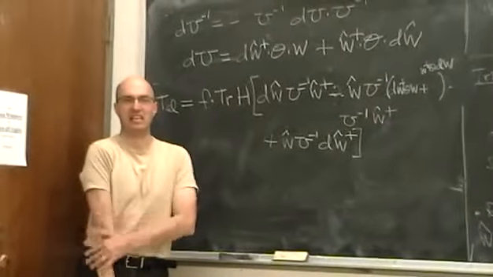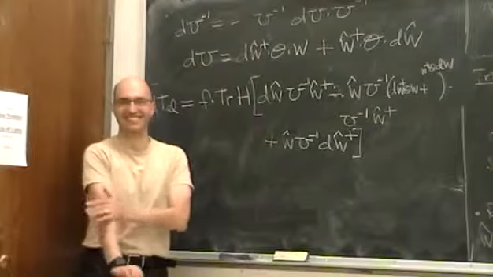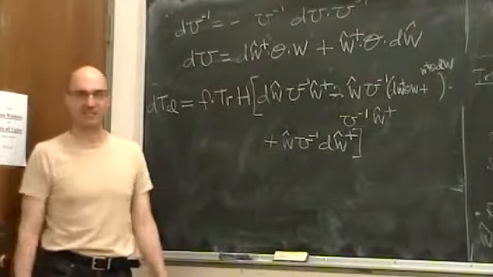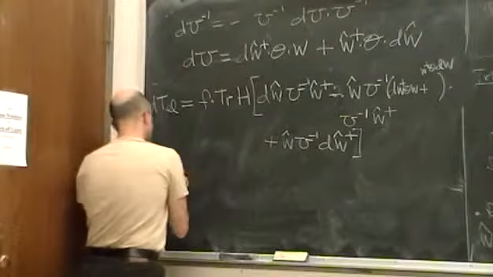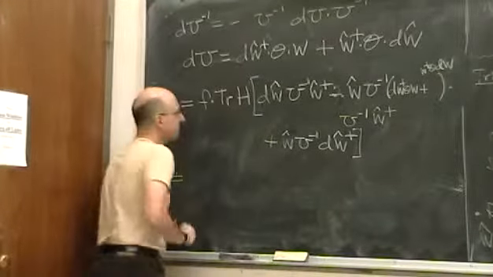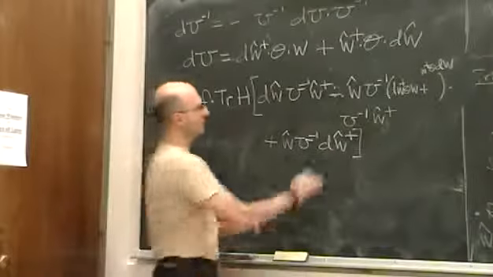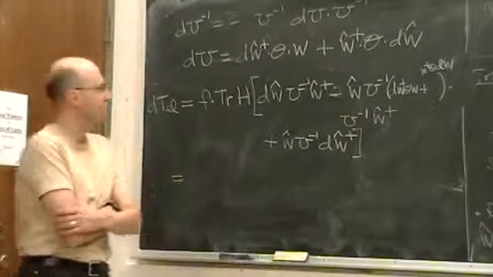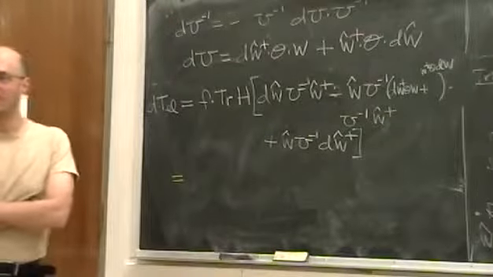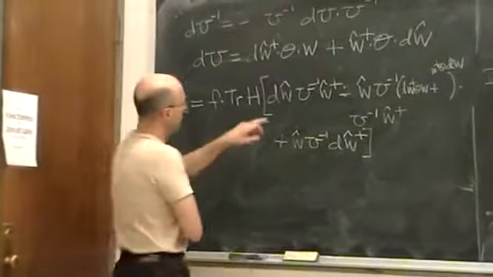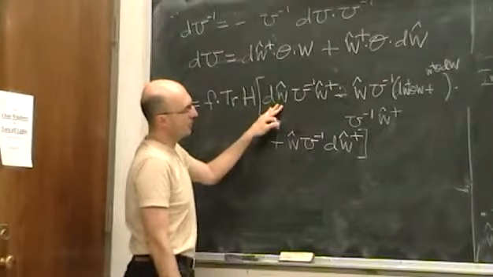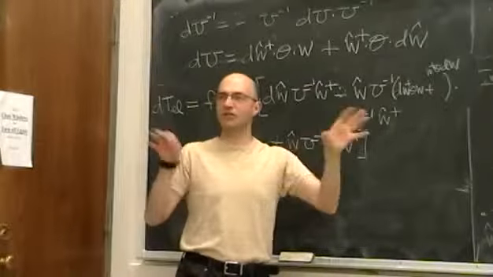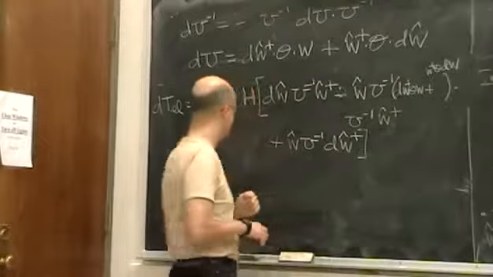This is where now we get creative and massage this into some format we like. Well, you'll notice, and it's funny, these kind of formal simplifications are always a matter of art, right? You'll notice there are two types of terms. There are terms that are either dW terms or terms which are dW dagger terms. So we'll gather those together separately. So let's get the dW dagger terms.